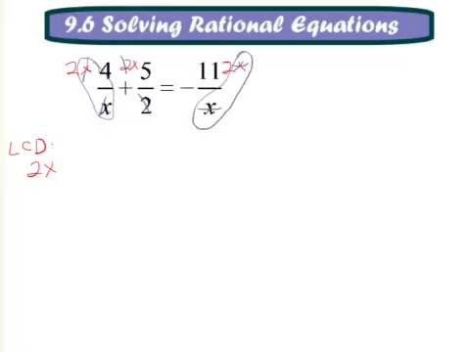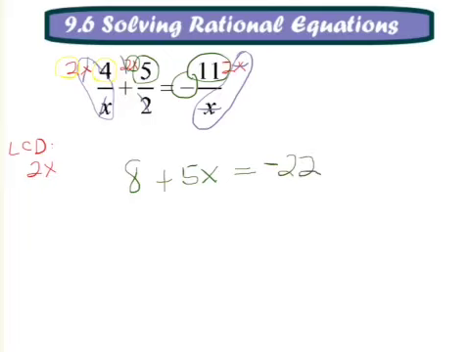And so what I'm going to have left is 2 times the 4, which will give me 8, plus x times 5, that's 5x, and then negative 11 times 2, that'll give me negative 22. And so I've gotten rid of the fractions, and now I have a nice easy equation that I should be able to solve very quickly to find that the answer is negative 6.